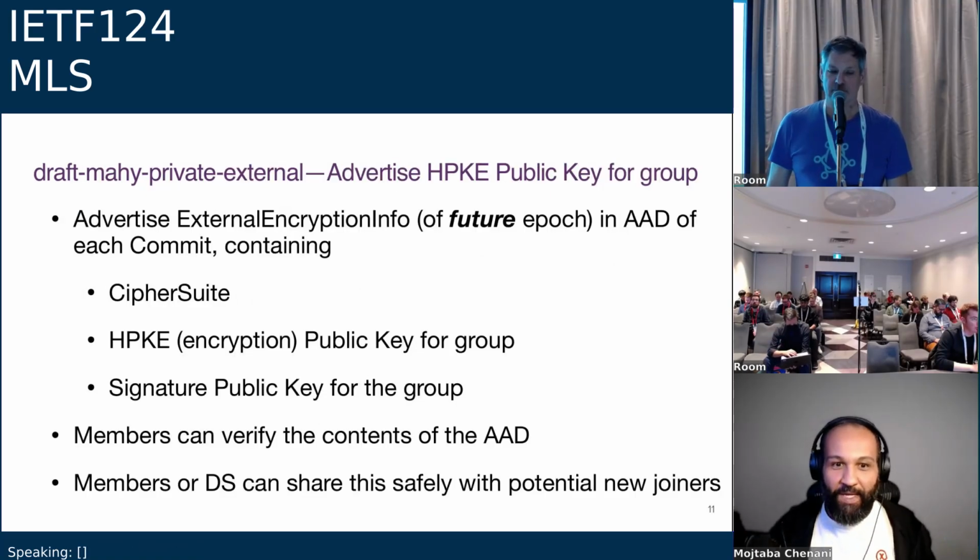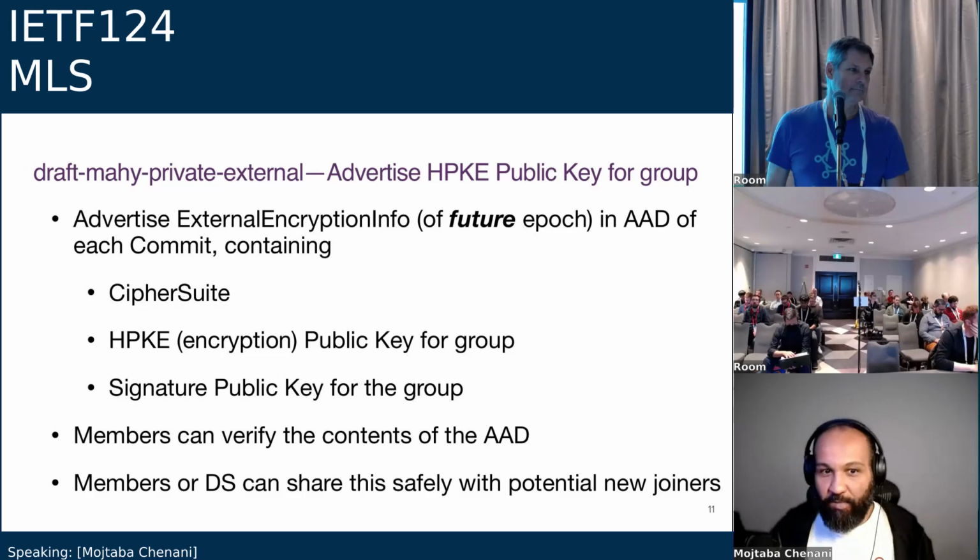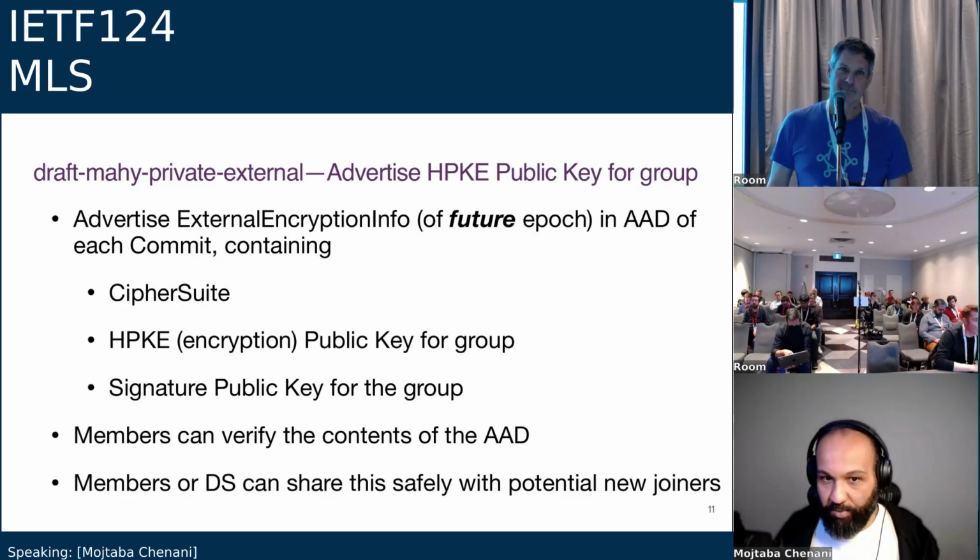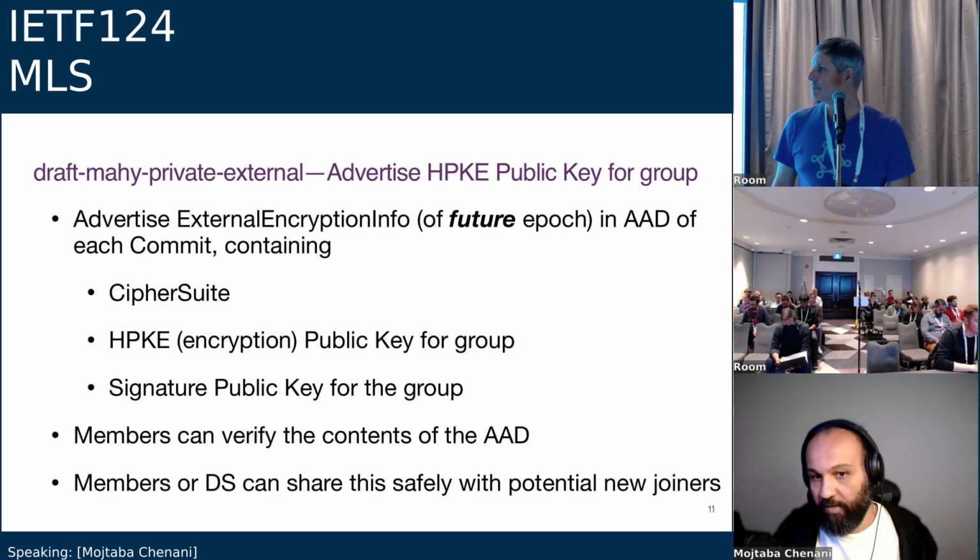Thank you. So here is the information that I said will be shared on the DS, the external encryption info. It's from the future epoch, because the new joiners will use this encryption info to encrypt the public message they have, so they will make it a private message.